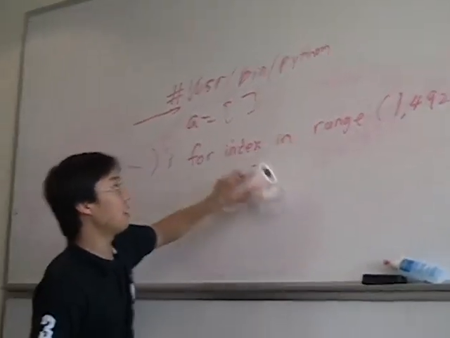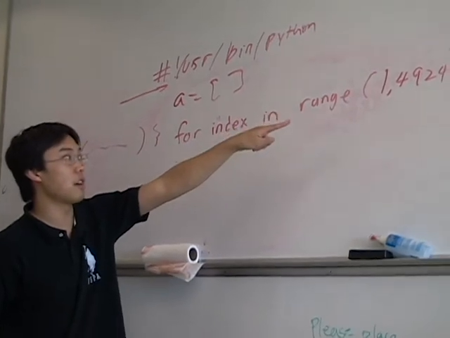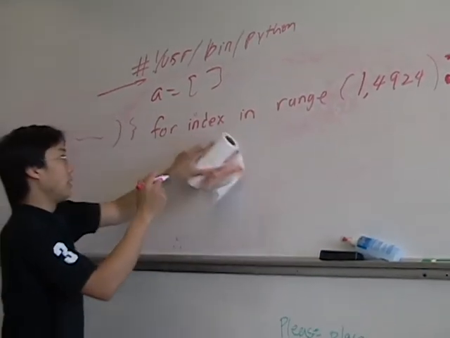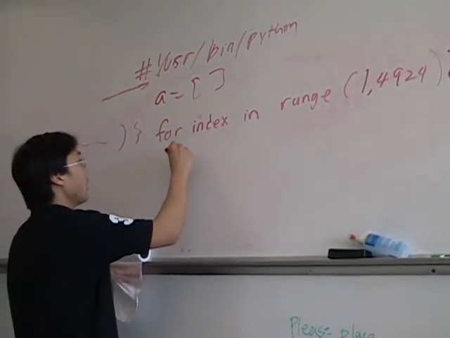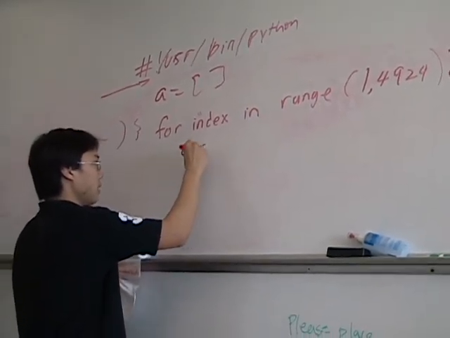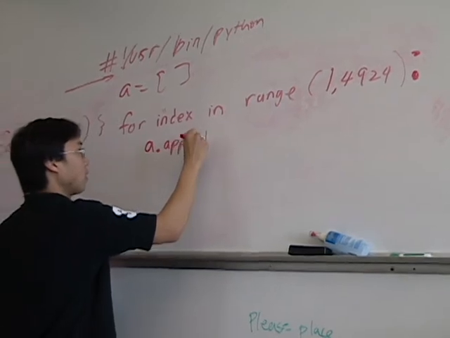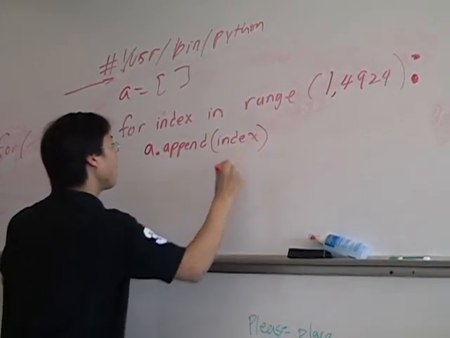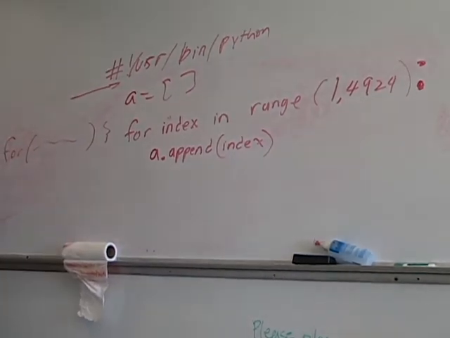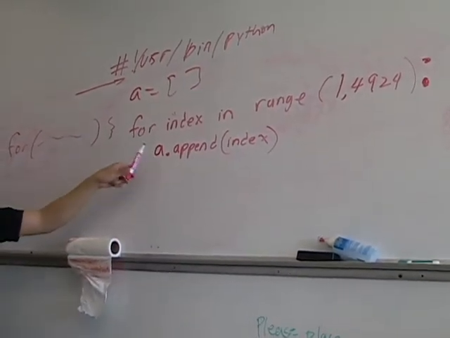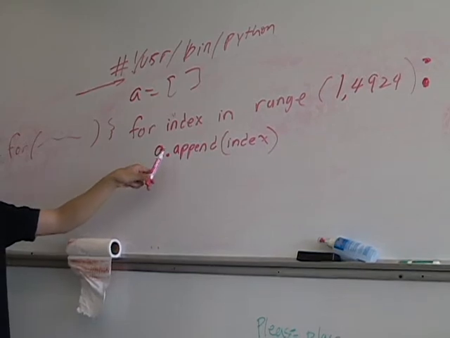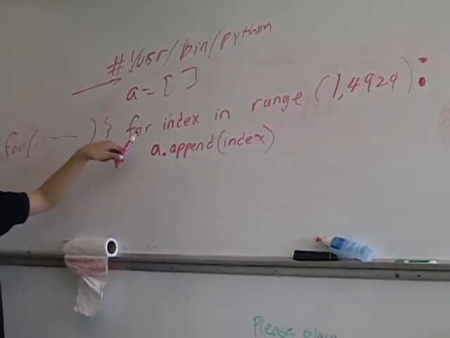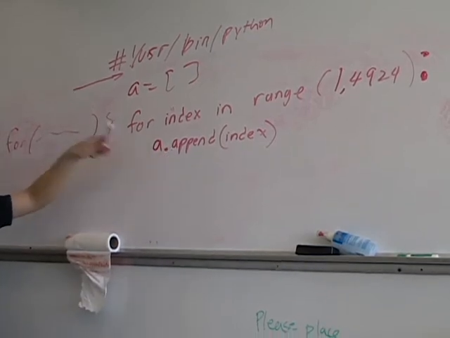Okay, so now to set your list to 1 to 4,923, a very simple way is doing this. A dot append index. So what this thing does is, this is a function, append, and this append belongs to the list.